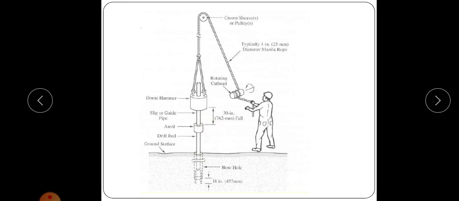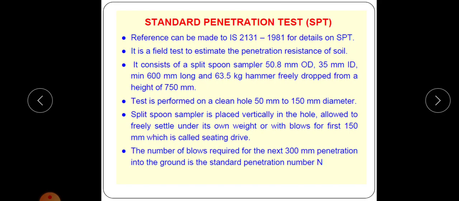The number of blows recorded for the last two 150 mm intervals are added to give the standard penetration number, or N value. In other words, the standard penetration number is equal to the number of blows required for 300 mm penetration beyond a seating drive of 150 mm.